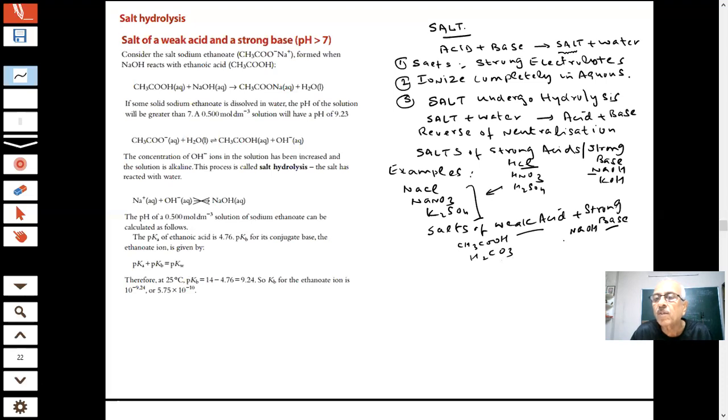NaOH. Then what is the salt here? CH3COONa. Okay? Na2CO3. These are examples of salts of weak acid and strong base. Yes or no? Okay? Did I do it right or wrong?